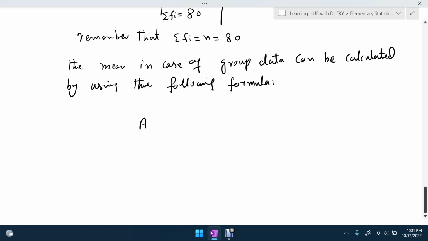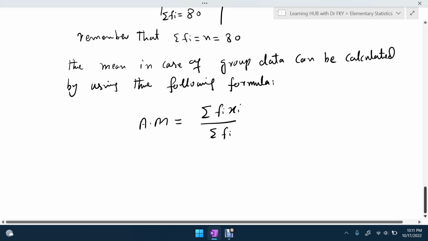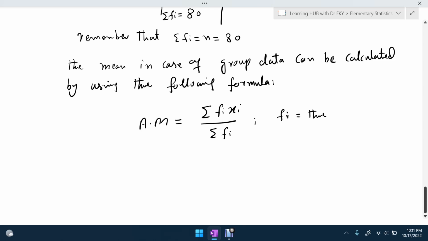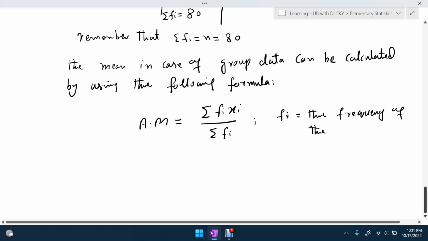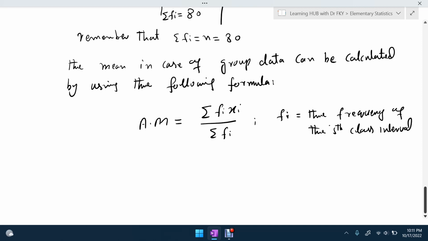The formula is arithmetic mean is equal to summation fi xi divided by summation fi, where fi is the frequency of the ith class interval and xi is the midpoint of the ith class.